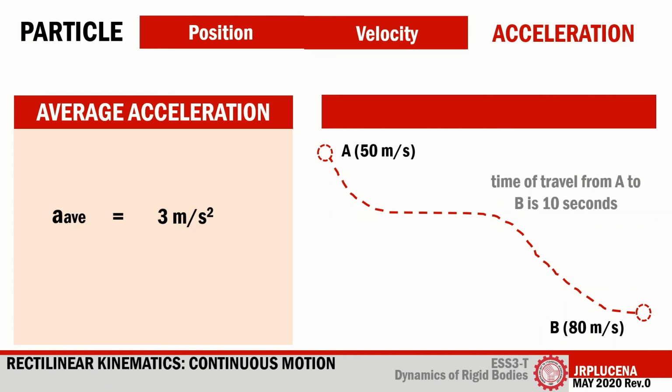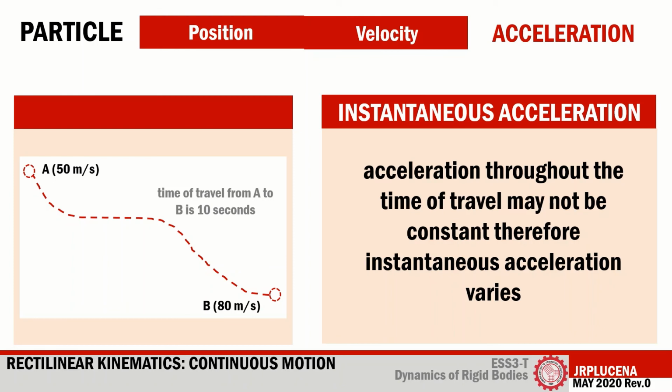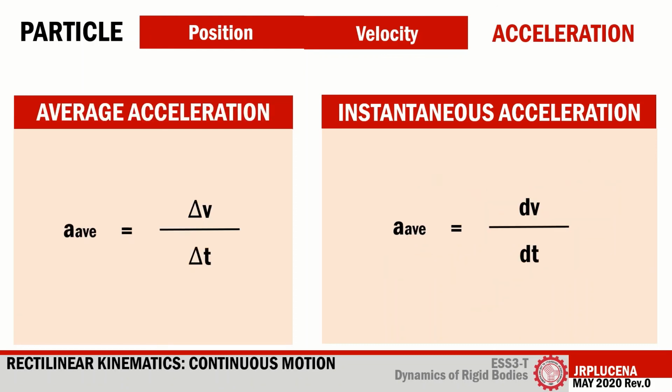We are analyzing the acceleration of an object in a time interval that is not differential. So if we analyze the acceleration of an object in a differential time interval, we will have the instantaneous acceleration. For example, here, we have, again, the particle that travels from point A to point B in 10 seconds. Acceleration throughout the time of travel may not be constant at 3 meters per second squared, like the average acceleration. Therefore, instantaneous acceleration varies. It is different along the path of motion unless it is specified that it is constant.